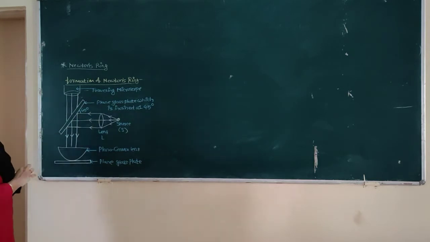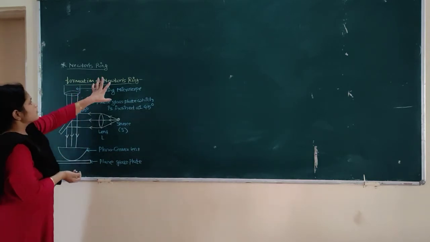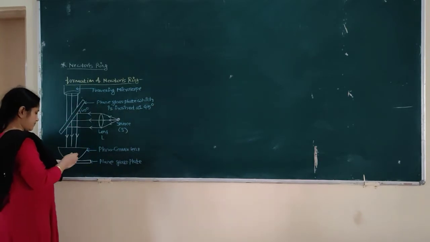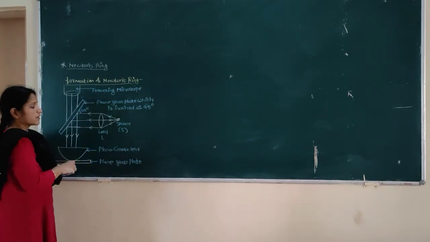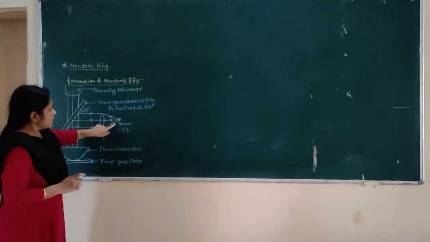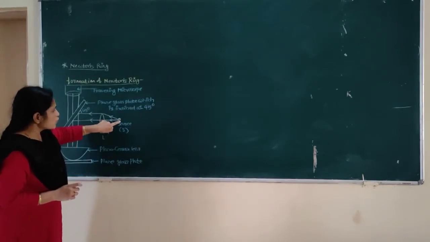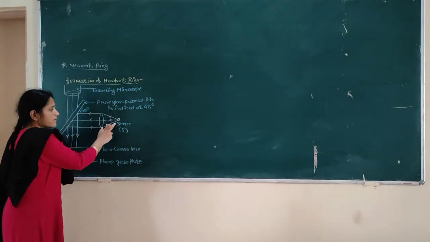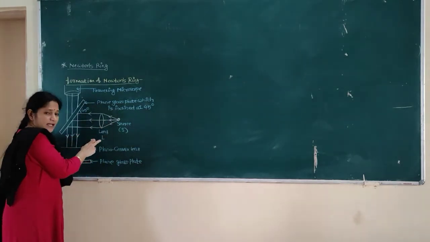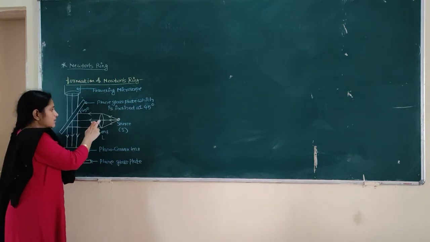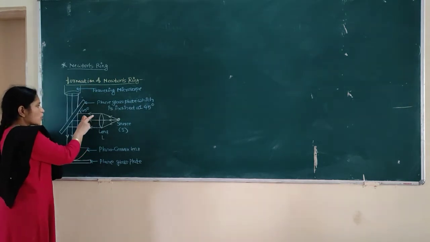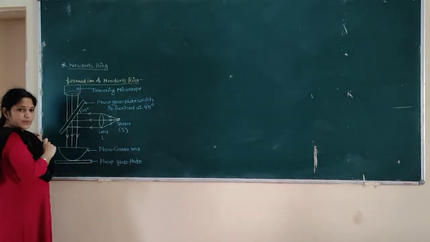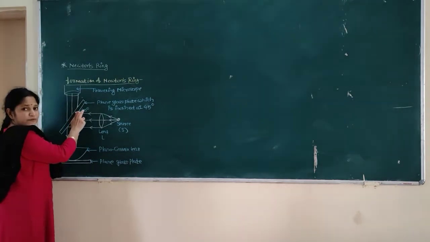Now we discuss about the formation of Newton's ring. See, now when a monochromatic beam of light is focused on this lens L, after that the ray of light is normally incident on this plain glass plate which is inclined at 45 degree.